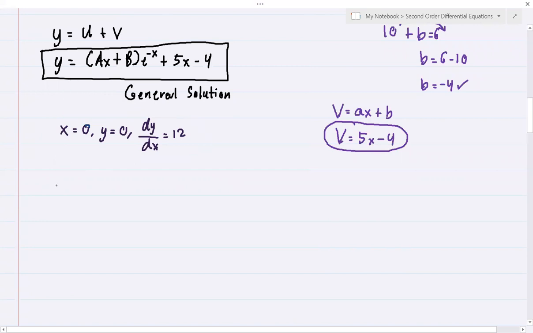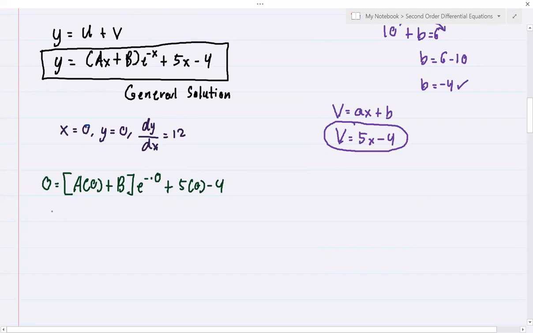Since y is equal to 0, we will have 0 equals quantity a times 0 plus b, times e raised to negative times 0, because x is equal to 0, plus 5 times 0 minus 4.